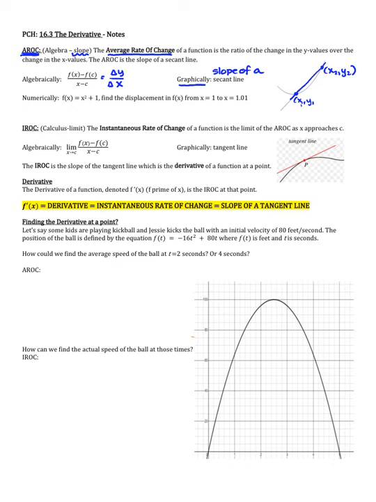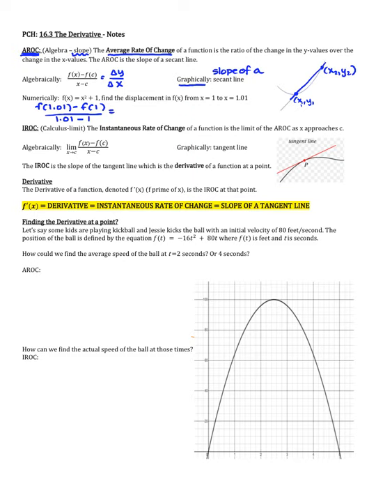Numerically, if we were going to find the displacement, which is the slope from x equals 1.01 to x equals 1 or vice versa, we would go, okay, so f of 1.01 minus f of 1 over 1.01 minus 1, and we would then work this out. To be perfectly honest, I'm not really concerned with this example, but I'm going to do it anyway.